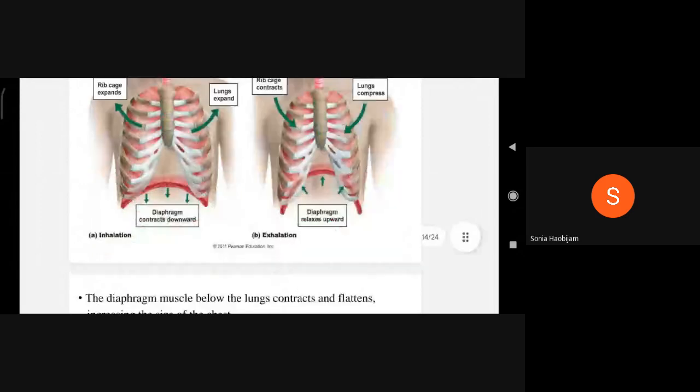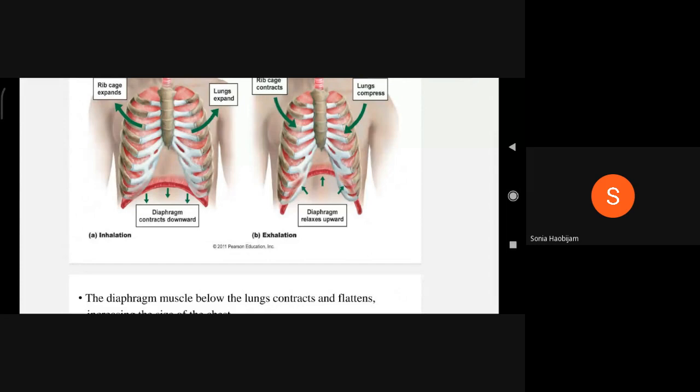And a very important muscle: the diaphragm. When we are breathing in, the diaphragm is contracting and going down. Okay. When we are breathing in, our lungs are expanding. Our lungs are bulging up. So when the lungs become bigger, due to the pressure of the lungs, the diaphragm is pushed down. The diaphragm is getting suppressed by the lungs when we are inhaling.